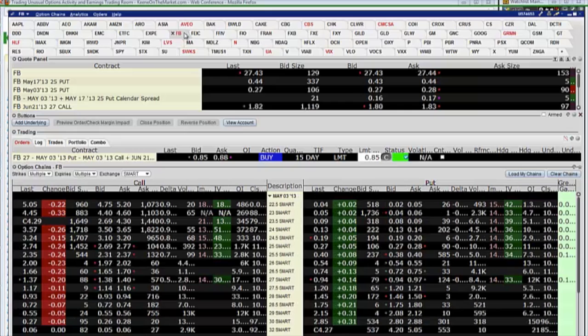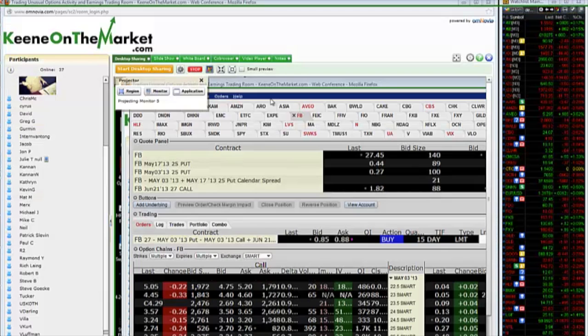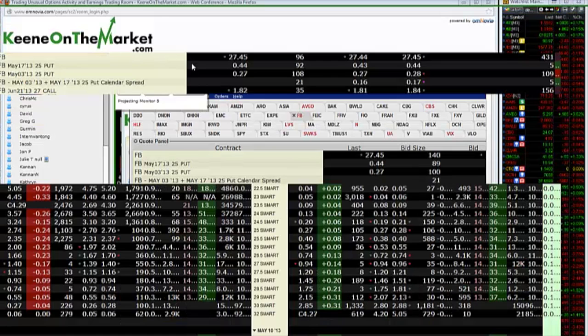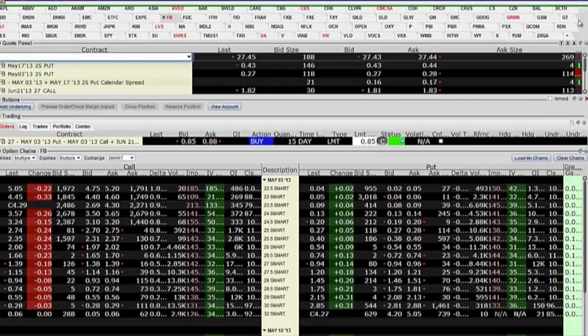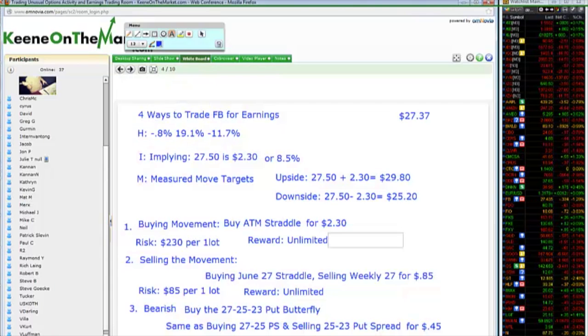So the 28, 30, 32 is about 45 cents as well. This is 45 cents per one lot.